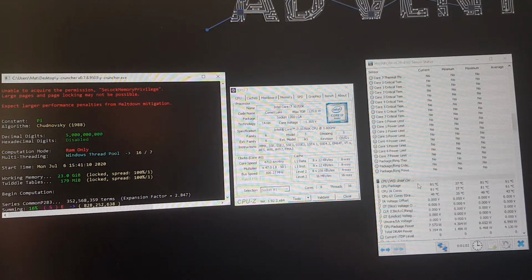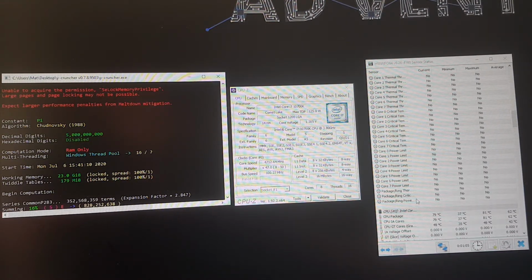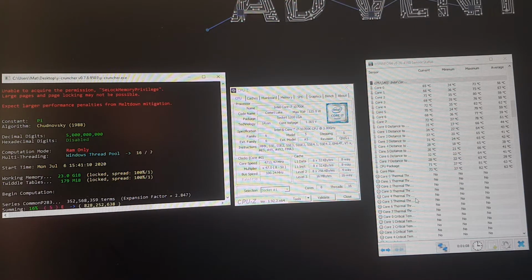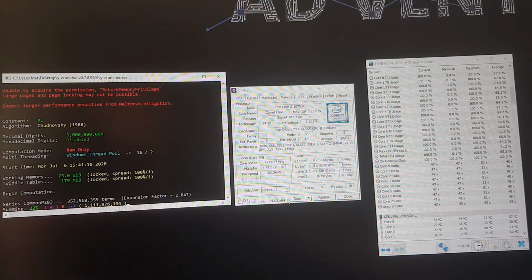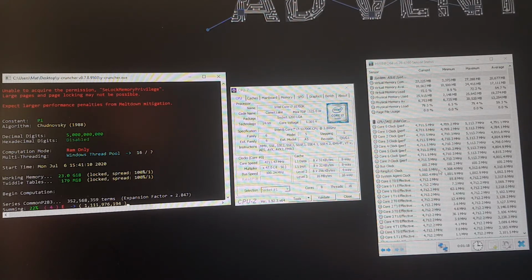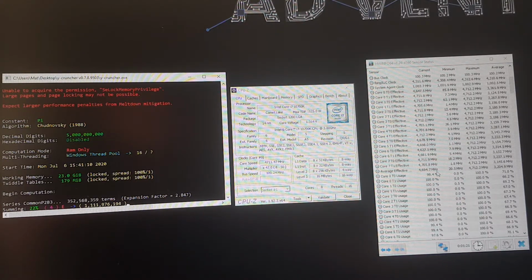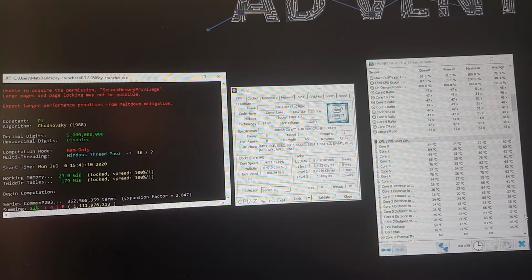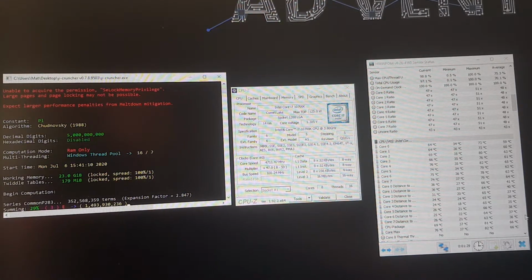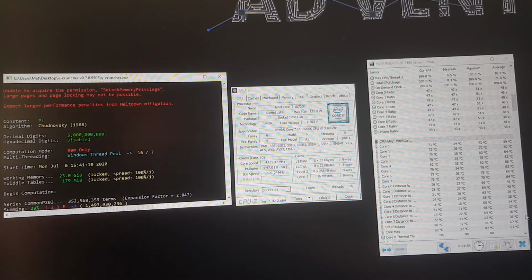The standard cache of the CPU is 43, and core ratio 43. And we are doing the test at 4 gigahertz 700 megahertz, and we are at about 70 to 80, 83, maybe 85 degrees.